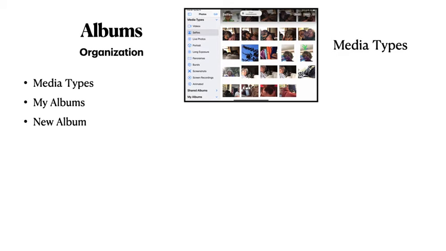All the videos are in an album, all the selfies, all the portraits, all the burst pictures. That's, again, another nice way to be able to find a picture fairly quickly. If you know that you're looking for a panorama, you go to media types, tap on panoramas, and that's what you'll see. Much better than going through 500 or 1,000 pictures.